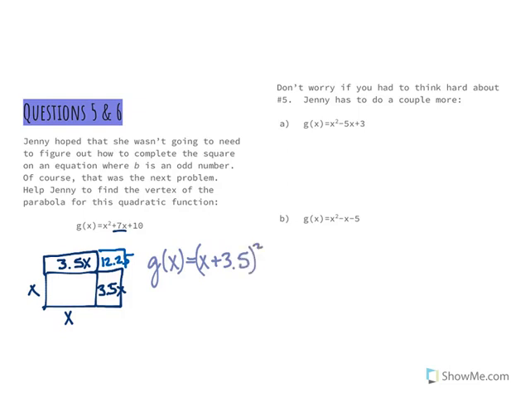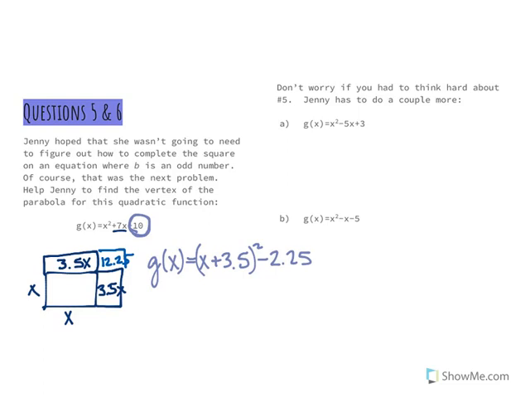And then we need to take into account that we only are supposed to have 10 in our box for this function, but our square that we have built has 12.25 units. So in order to get 10, we need to take away 2.25 units. And that would be the answer for the vertex form of this particular problem.